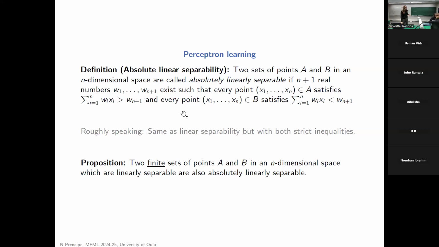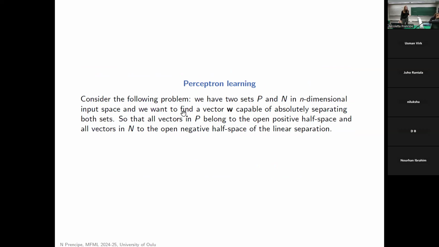So, what is going on? The perceptron learning algorithm is about having two sets, and we want to find a vector W such that the hyperplane orthogonal to this vector, let's come back to this, this is an equation of a hyperplane.